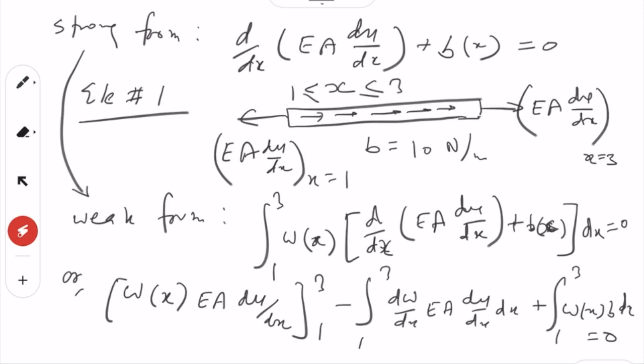Or we don't write that also, it's okay. So basically just take this one, and then what do we find? We expand it, then we have W3 EA du over dx.